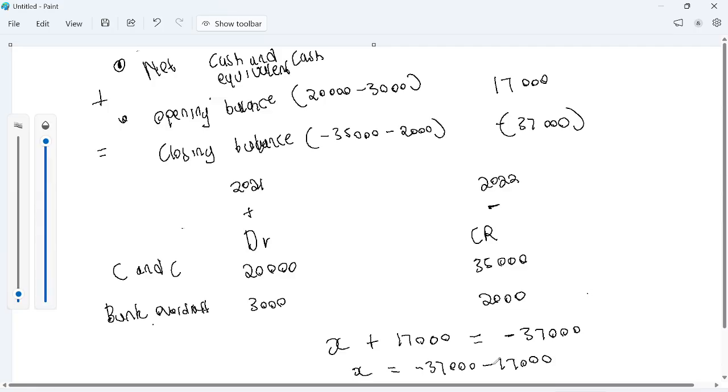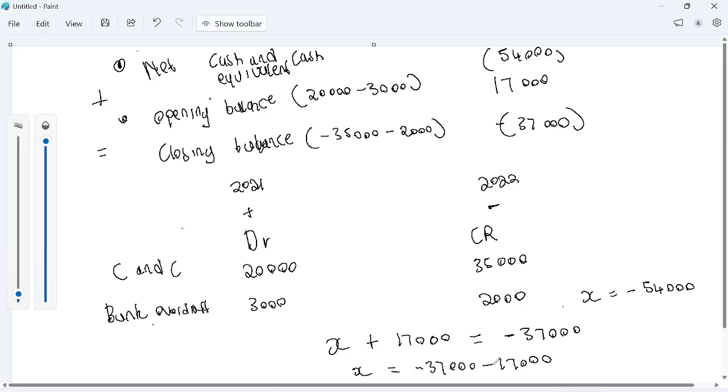So I'm getting my x value as negative 54,000. So the 54,000 was the change in cash and cash equivalent.